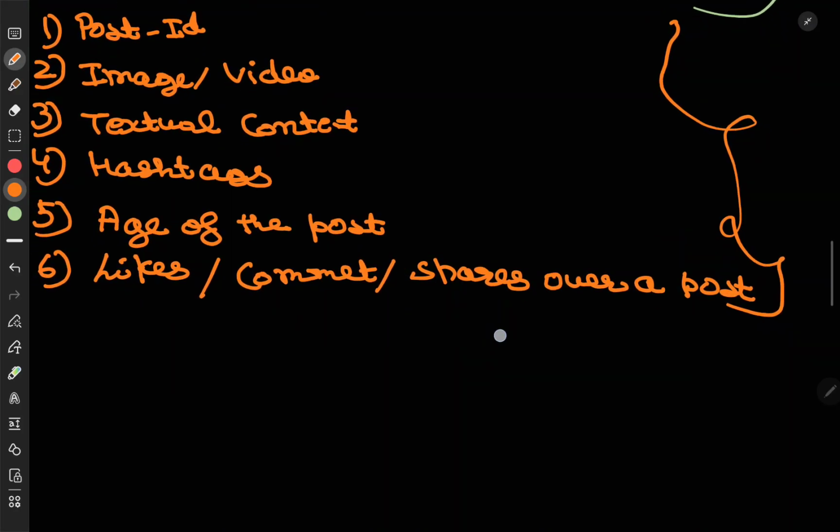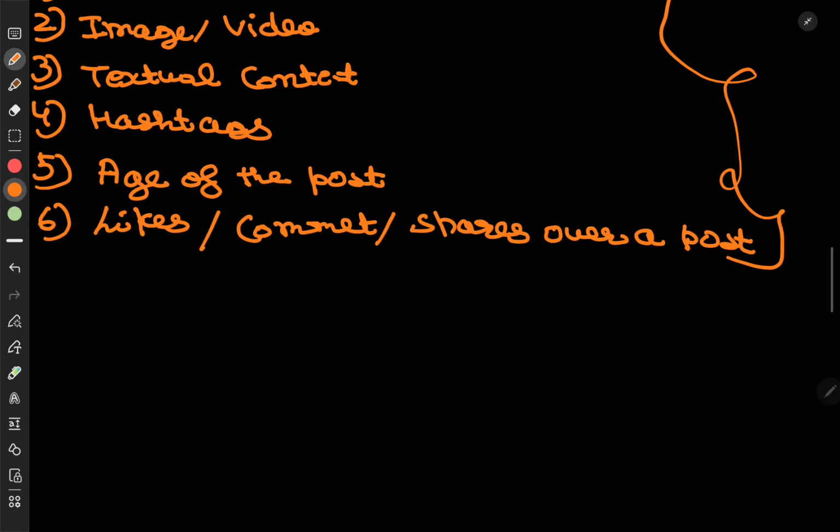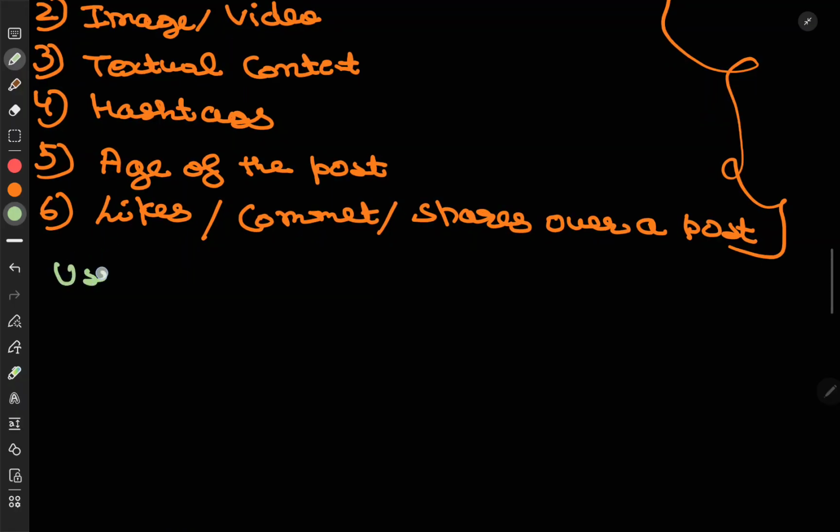Okay, what other thing can we have? We can have some other things as well, such as user author affinity. What does this mean? Sorry, not affinity but friendship details. See, there are two users.